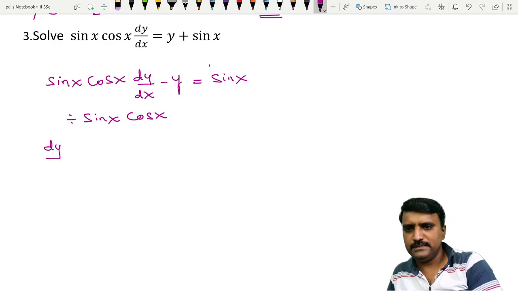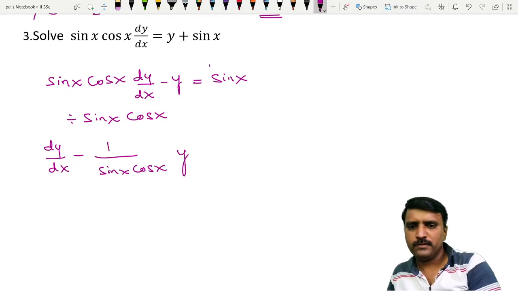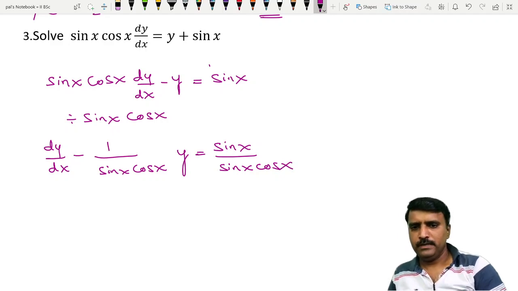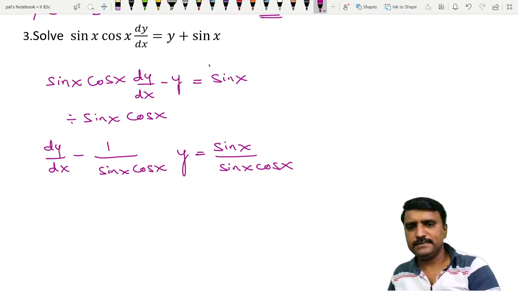Then it is dy by dx minus 1 divided by sin x cos x into y is equal to, on the right-hand side, sin x by sin x cos x. Here on the right-hand side the sin x cancels with sin x.